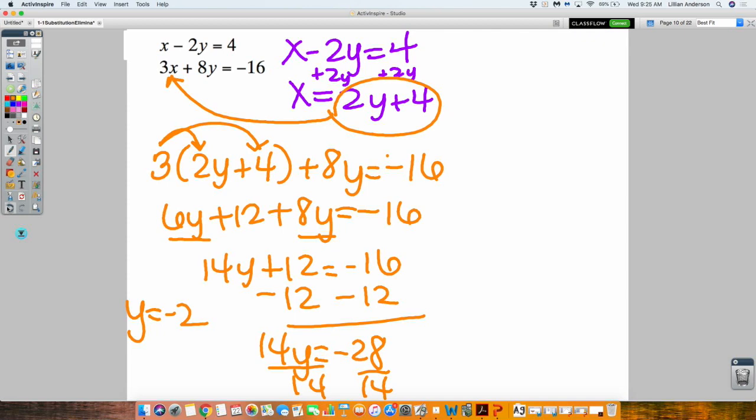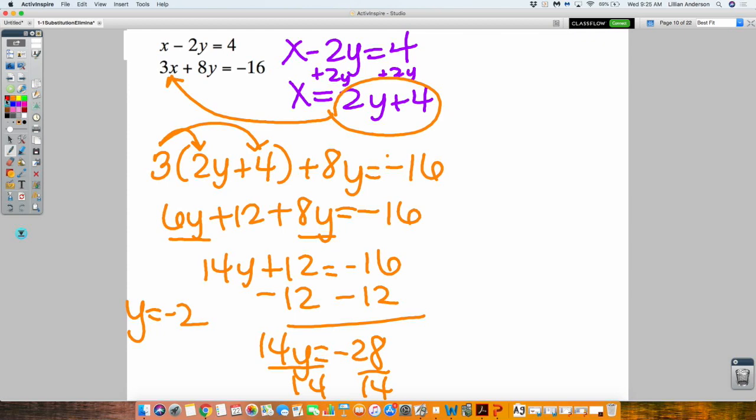You guys get negative 2 for y? For x, you write down the little problem up there, the 2y plus 4. We're talking about back up here where we solved for x? Yeah. Since we already solved for x back here, we can just plug it back into that. Okay? You can plug it back into the original first equation, but you'll end up essentially doing this.